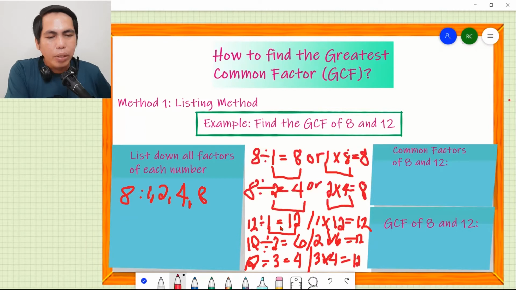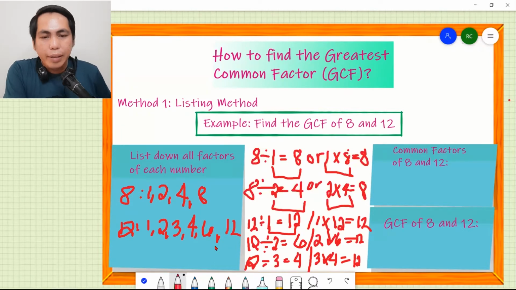So in other words, we have the following factors of 12: 1, 2, 3, 4, 6, and 12. So let us identify now the factors that are common to 8 and 12. We have here 1 is common.